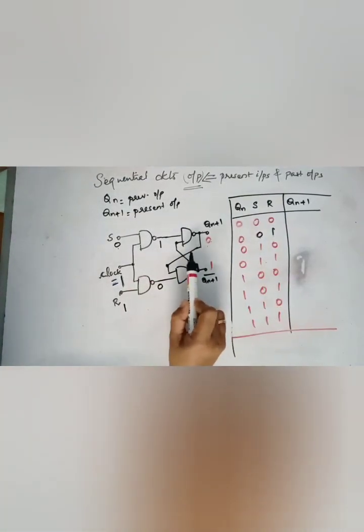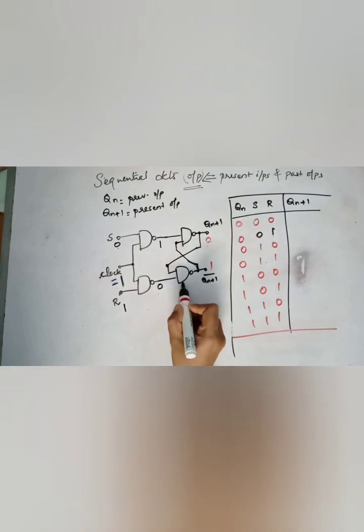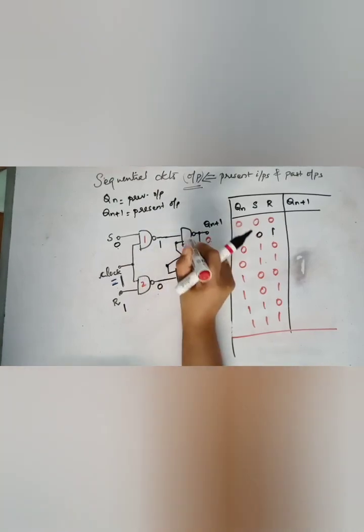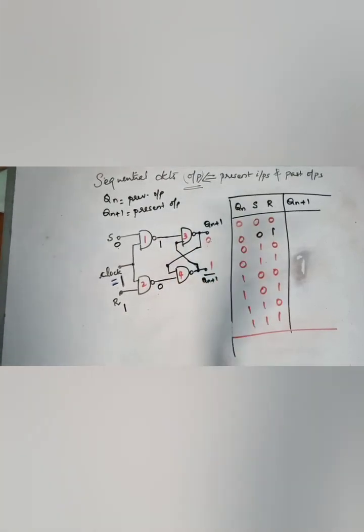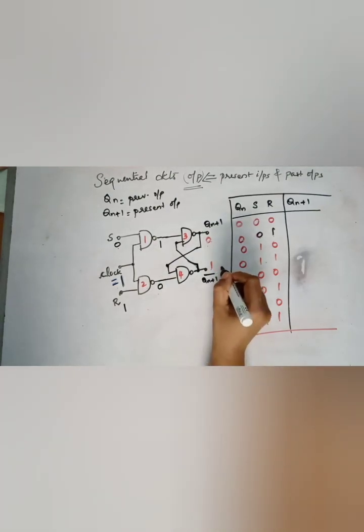Now, after applying these inputs, these outputs are like this. Now comes the catch. Here it is 0. So for this particular NAND gate, that is the NAND gate 4, one of the inputs is 0. So naturally my output will be 1.